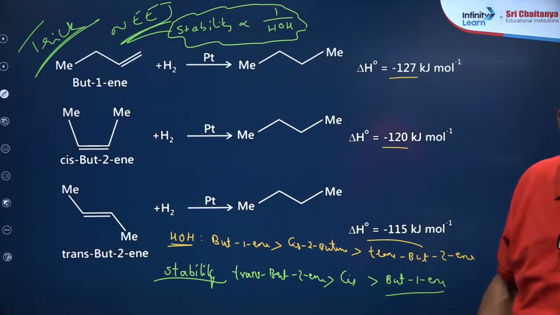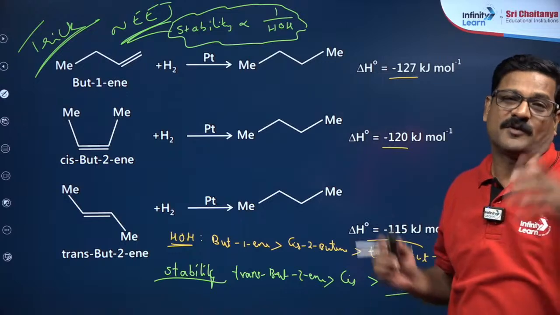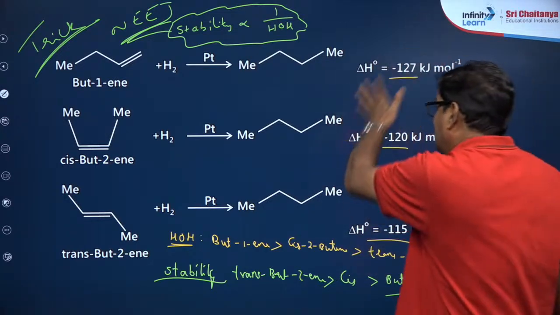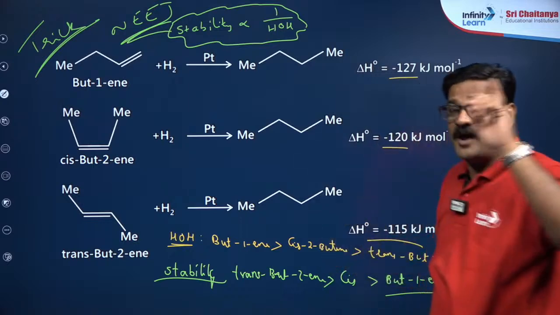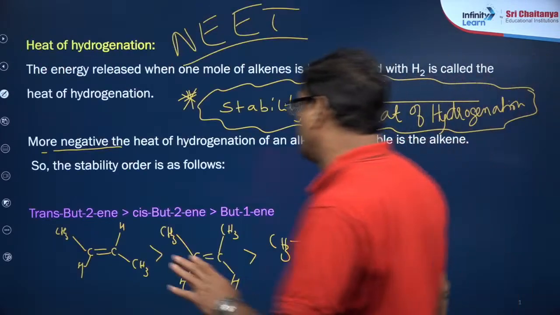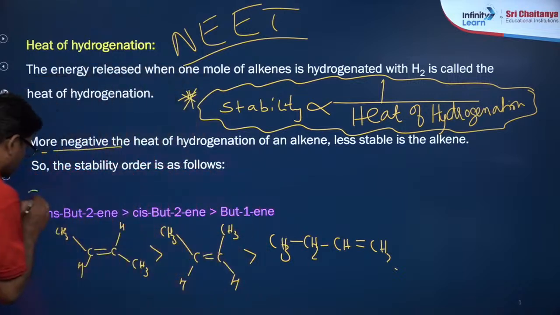Hope you all understand. Please give a thumbs up or fire emoji if you understood about the heat of hydrogenation. This is the experimental data. I convinced you, showed you here. So I just want to say this is the order of stability.